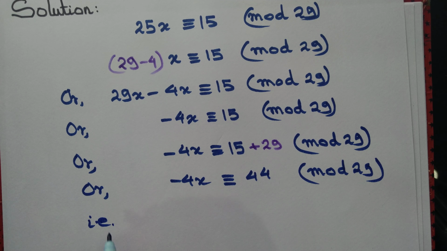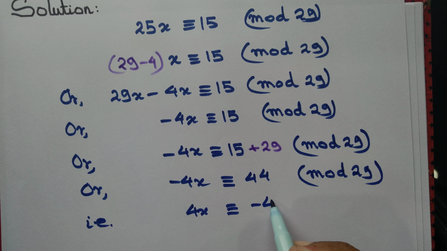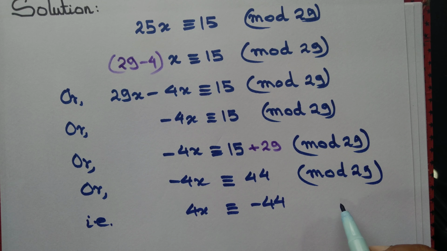That is, we can take 44 to the left hand side, or we can say that we can take minus common and say that 4x is congruent to minus 44. We simply multiply it by minus 1.